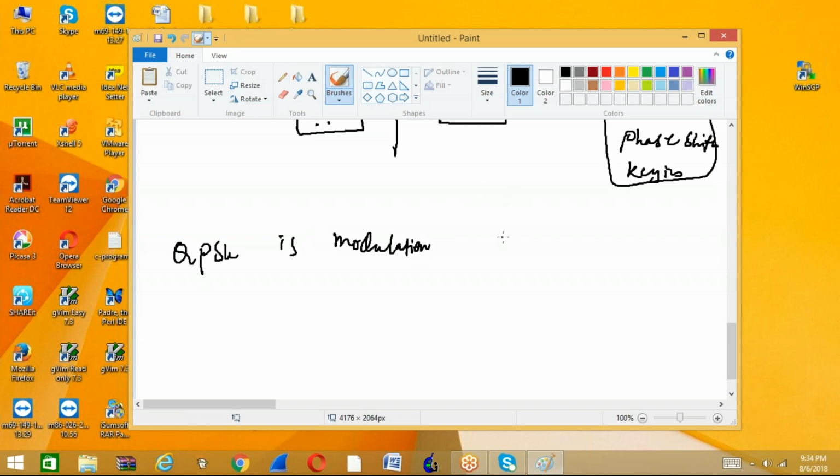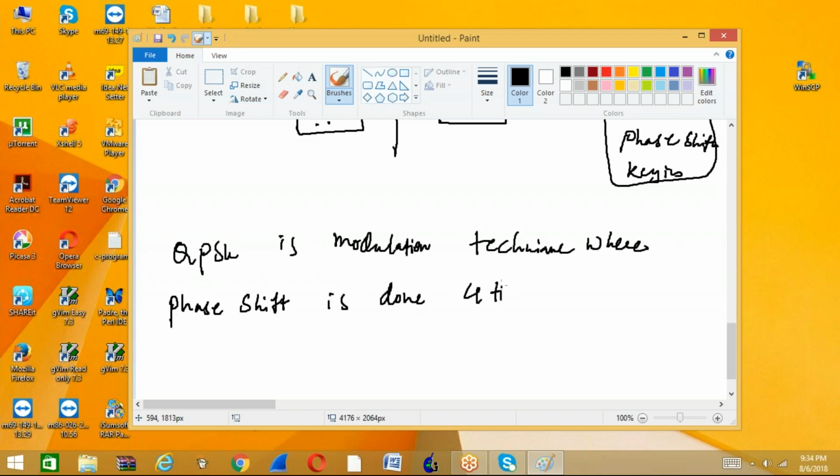QPSK is a modulation technique where the phase shift is done four times in one cycle.